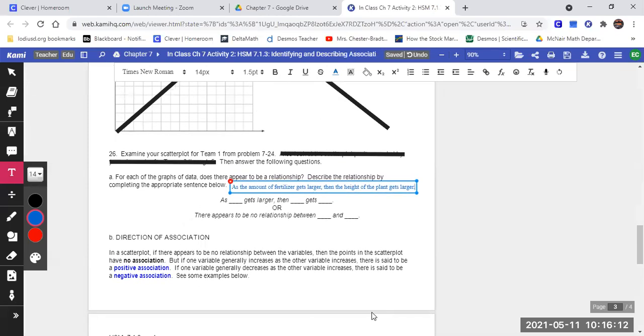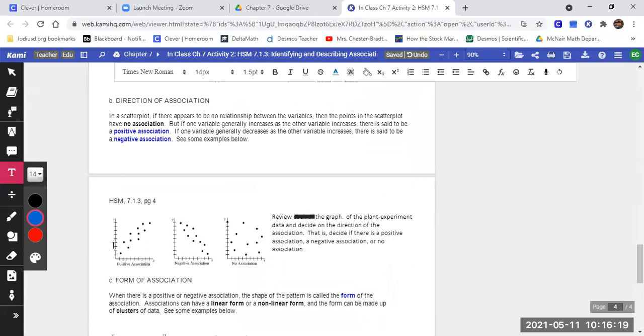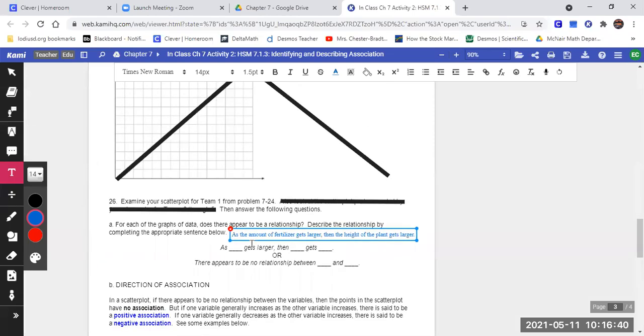Now we have to tell whether it's a positive direction, negative direction, no direction. Okay. A positive direction would be low left, high right. A negative direction, high left, low right. And none is when they're just all over the page. So for our situation, are we a positive association, a negative association, or no association because our dots were just everywhere?